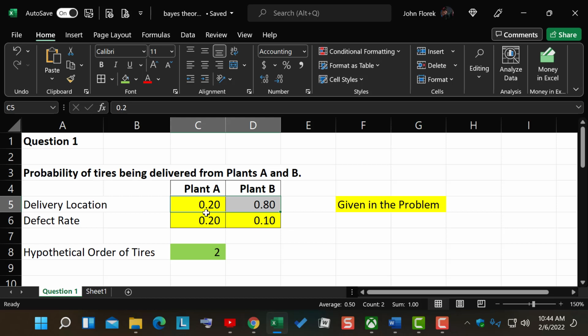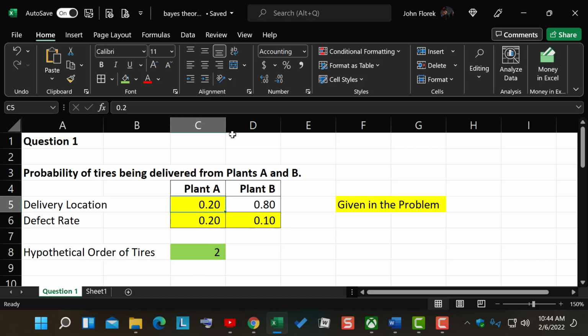Tire delivery, it's a whole, so it would be at least 1 tire delivered. And actually, technically, you can't get part of a tire from plant A and part of a tire from plant B. But of course, if you order 2, as I'm using here and on down, I'll show you.